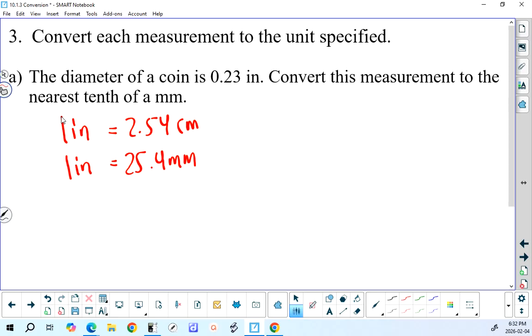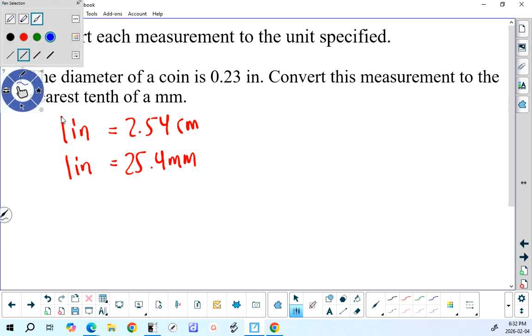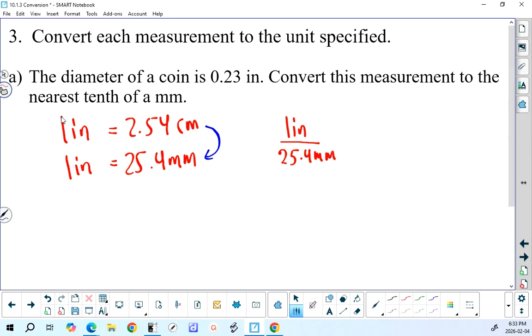Once again, I believe, I hope, that in going from here to here, it's child's play. It's simple. You multiply by 10 because there's 10 millimeters in a centimeter. So we set up our ratio. 1 inch over 25.4 millimeters equals 0.23 inches over x.